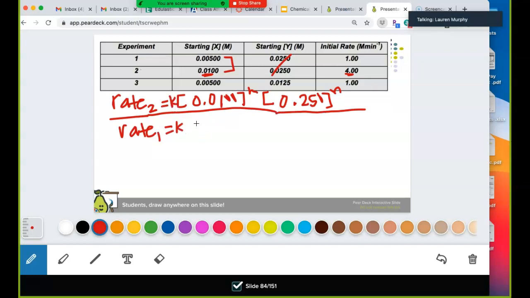Rate equals K. And then experiment 1, X is a different number to some order, and Y is the same number raised to some order. Oops, I forgot a 0 right here.